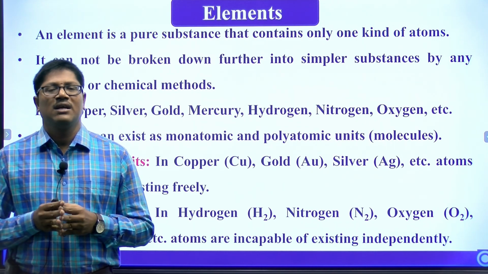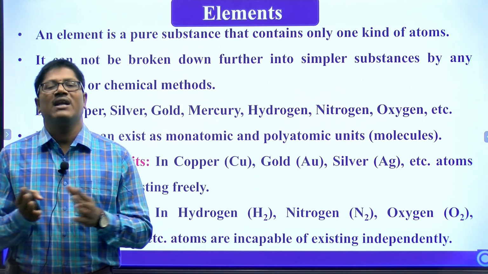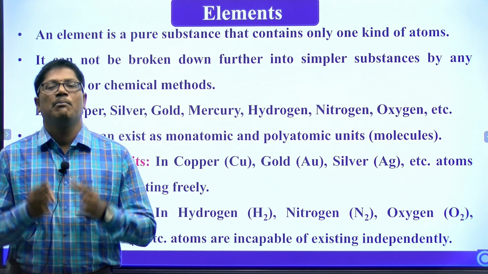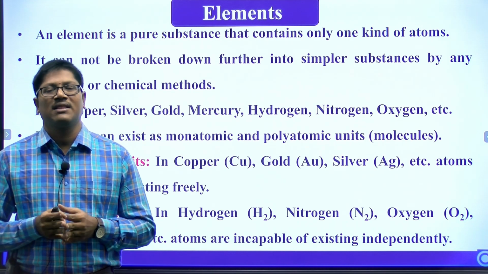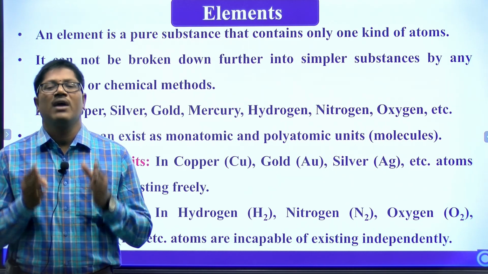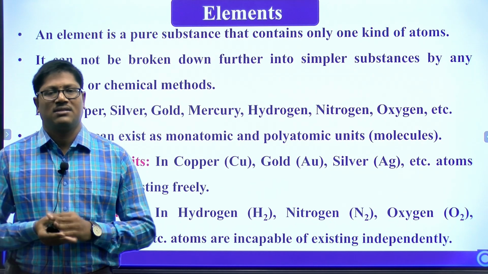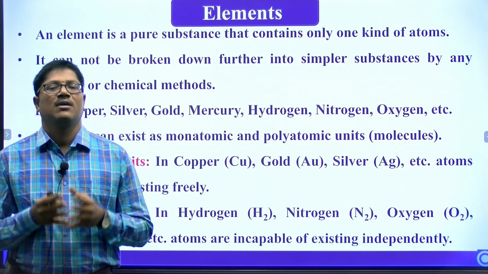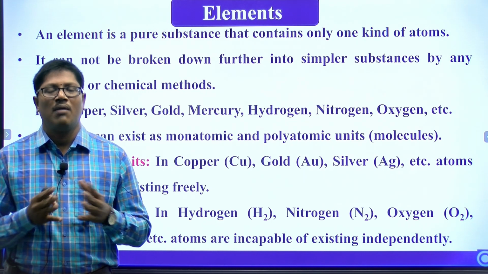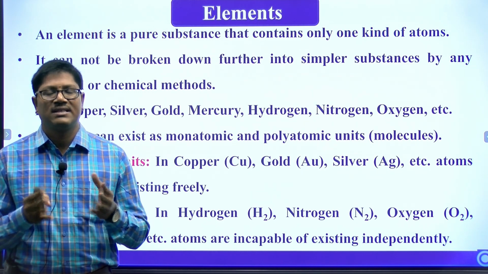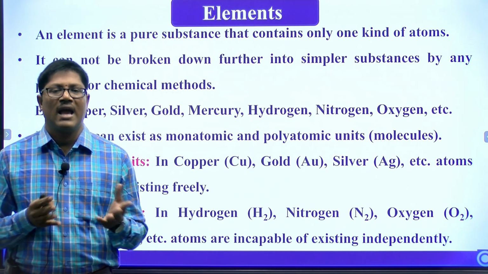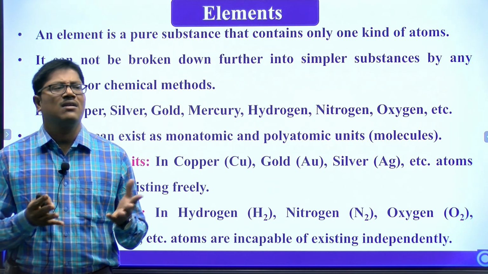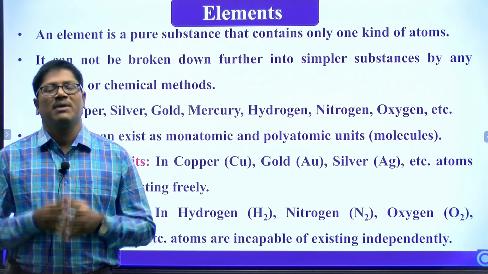An element cannot be further divided into simpler substances by any physical methods or by any chemical methods. Examples of elements: iron, copper, gold, silver, sulfur, calcium, phosphorus, oxygen, hydrogen. These are all examples of elements.